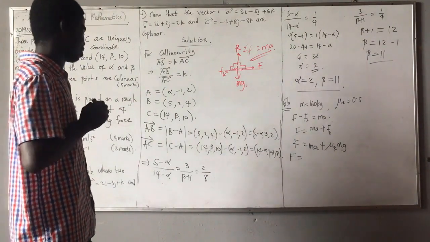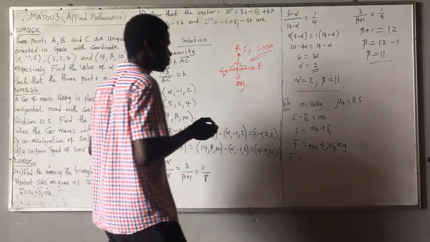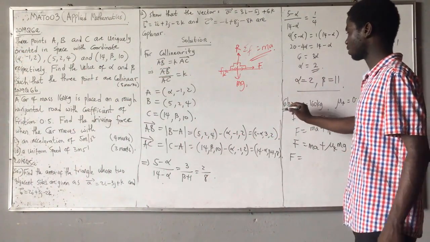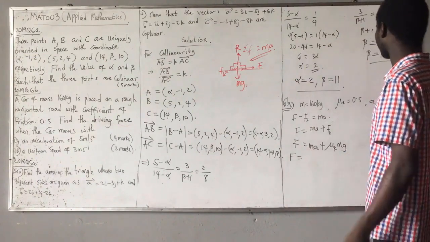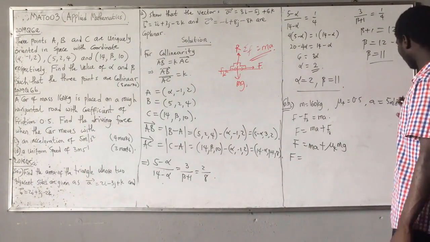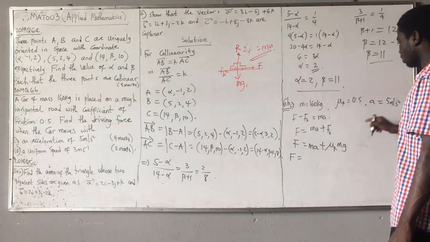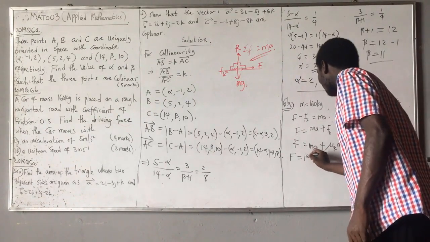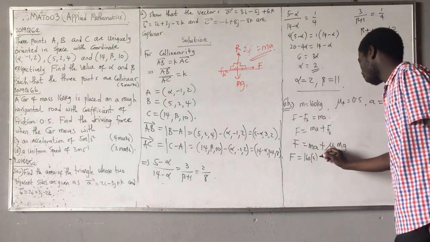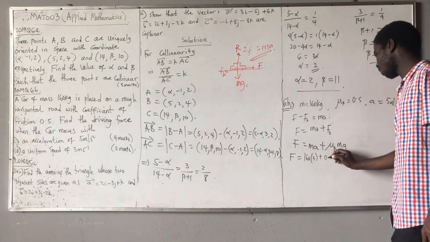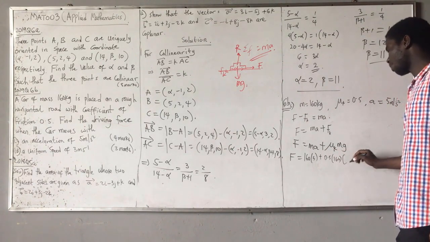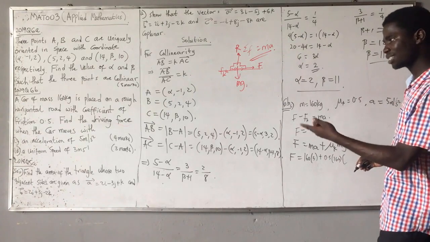MA is what? I've been given acceleration to be 5 meters per second squared. So M is 160 multiplied by 5, plus frictional force, 0.5 multiplied by 160 multiplied by G. G is 9.8.